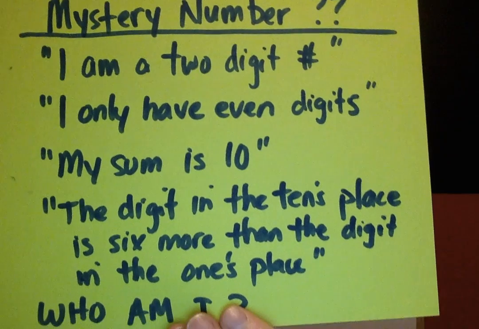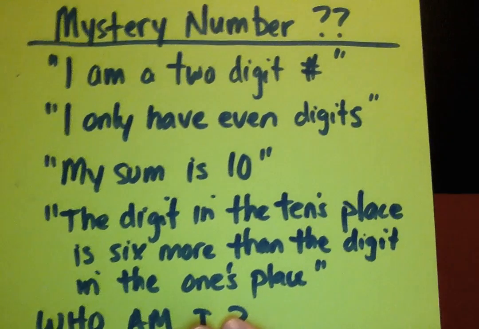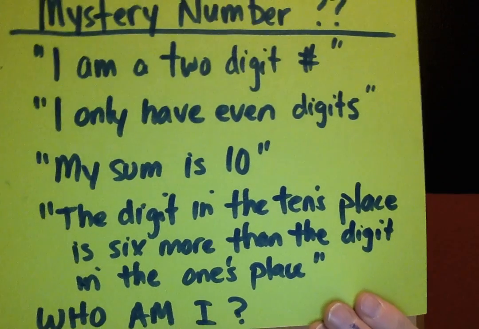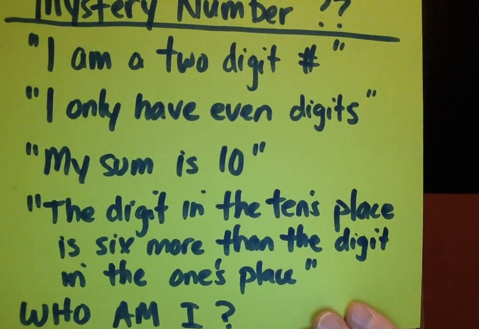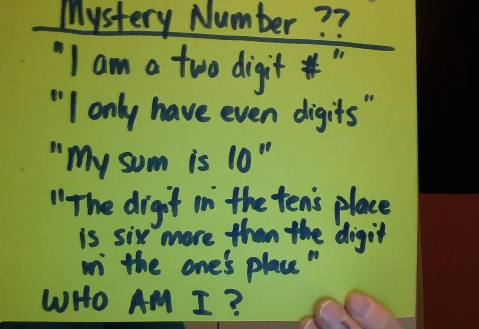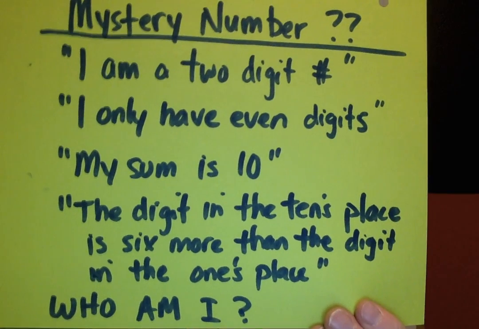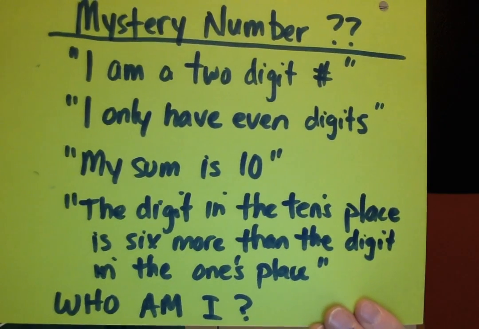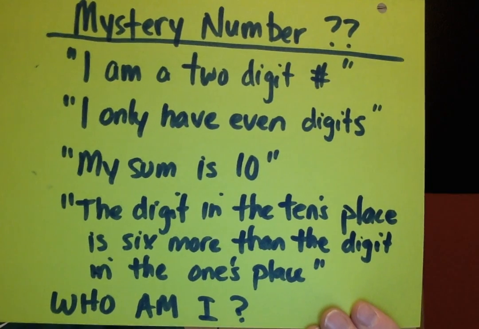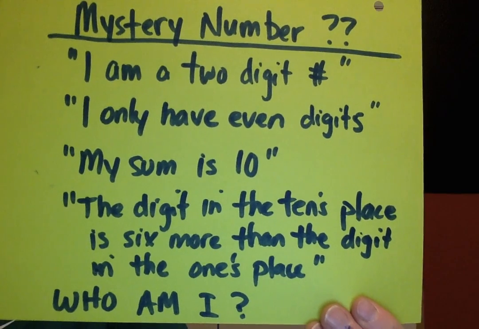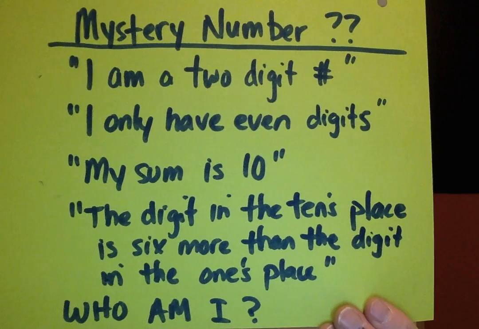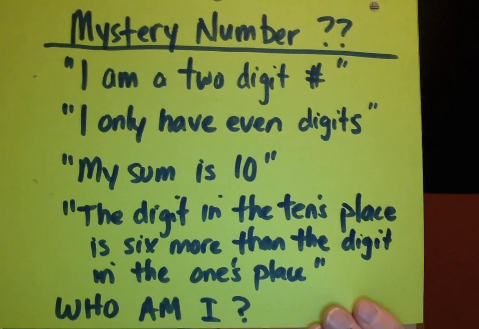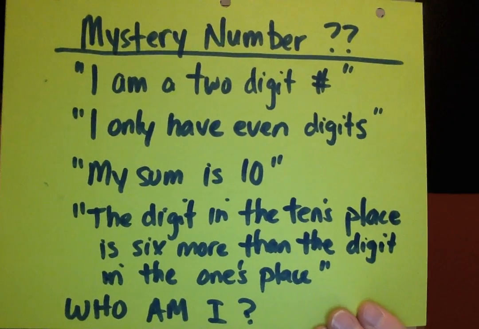Next clue, the sum of my digits is 10. The last clue is the digit in the tens place is 6 times more than the digit in the ones place. Who am I? What mystery number meets all those clues?